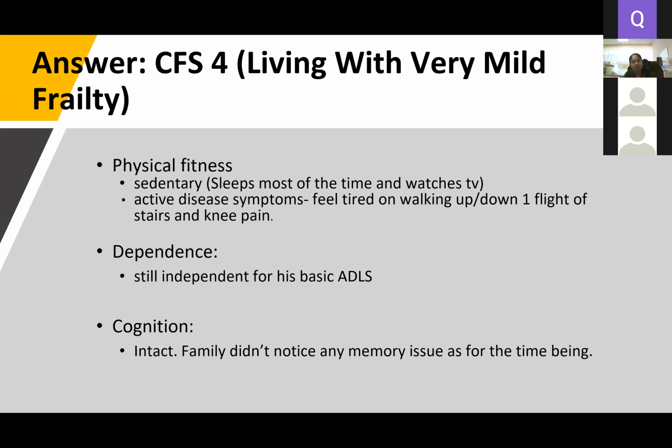You can see in the physical fitness, he's a sedentary gentleman. He does have active disease symptoms, so he still feels tired upon waking up, and he has occasional knee pains. In terms of dependence, he's still an independent person. In terms of his cognition, it's still intact, and family didn't notice anything. So you can see the main difference between him and the gentleman before. This gentleman is already having some slight limitations due to the pain and the tiredness.